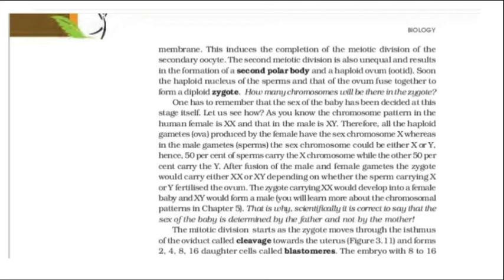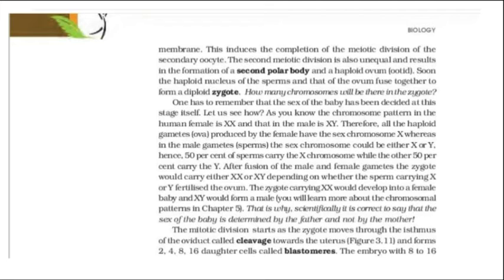The zygote carrying XX would develop into a female baby and XY would form a male. That is why scientifically it is correct to say that the sex of the baby is determined by the father and not by the mother.